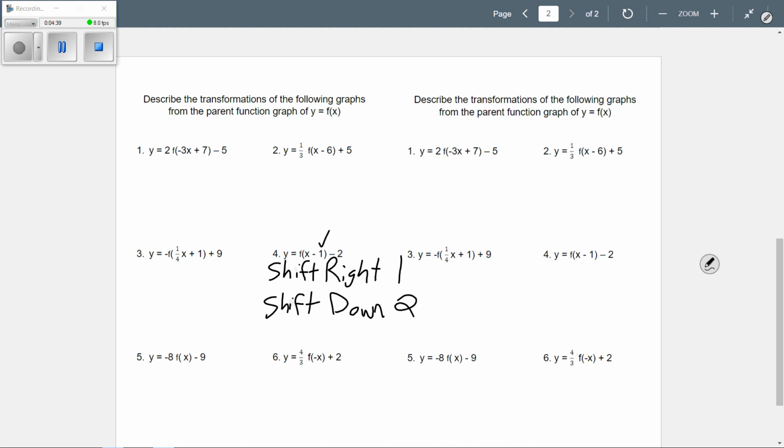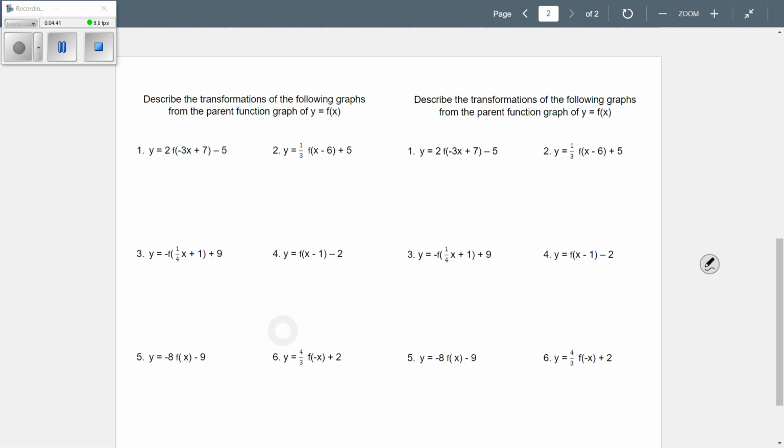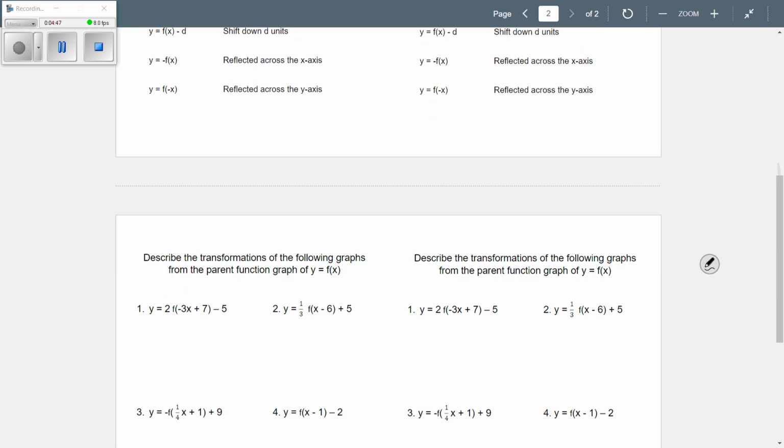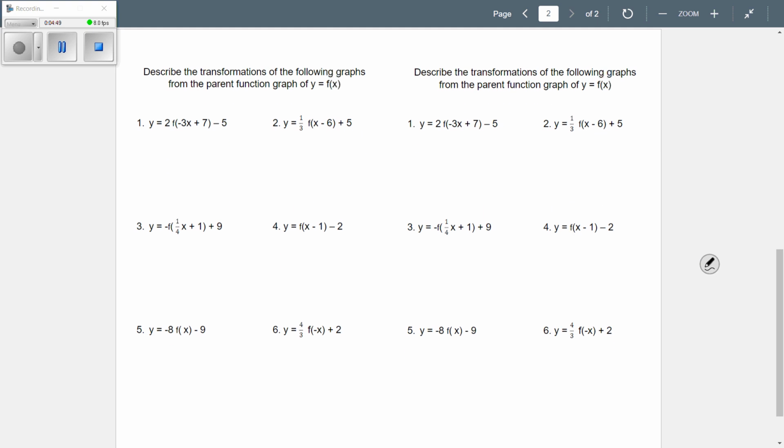Make sure you use your notes, because I even need to go back and look. We're going to look at number 3. We see that negative on the outside, and the negative on the outside means it's going to be reflected across the x-axis. Okay, that's done.